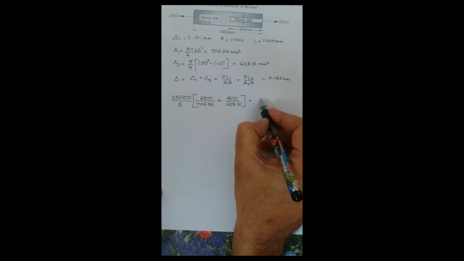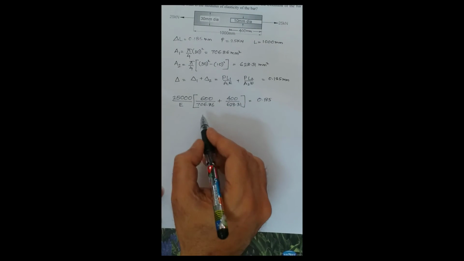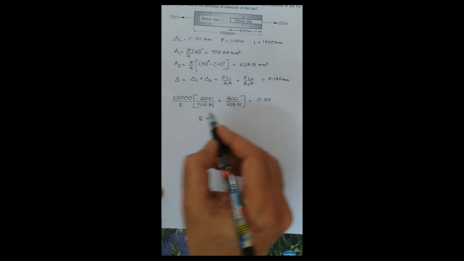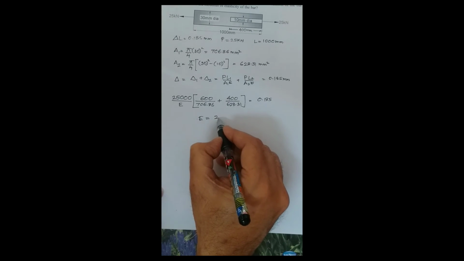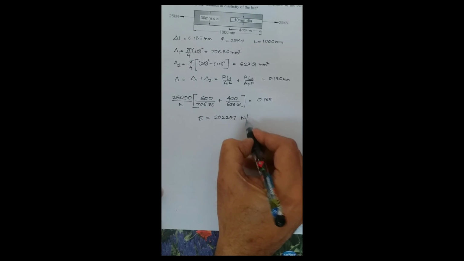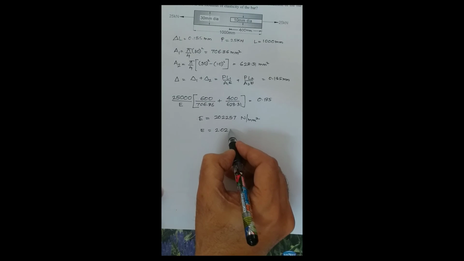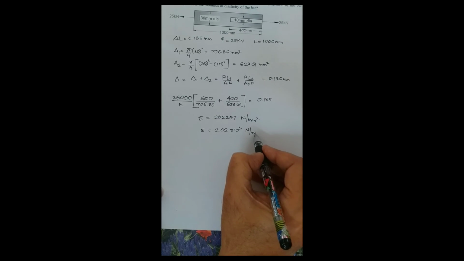So this should be equated to 0.185 millimeter. Out of all this, only Young's modulus is the unknown factor. So Young's modulus on calculation, we get as 202257 Newton per millimeter square, that is equal to 2.02 into 10 raised to 5 Newton per millimeter square.